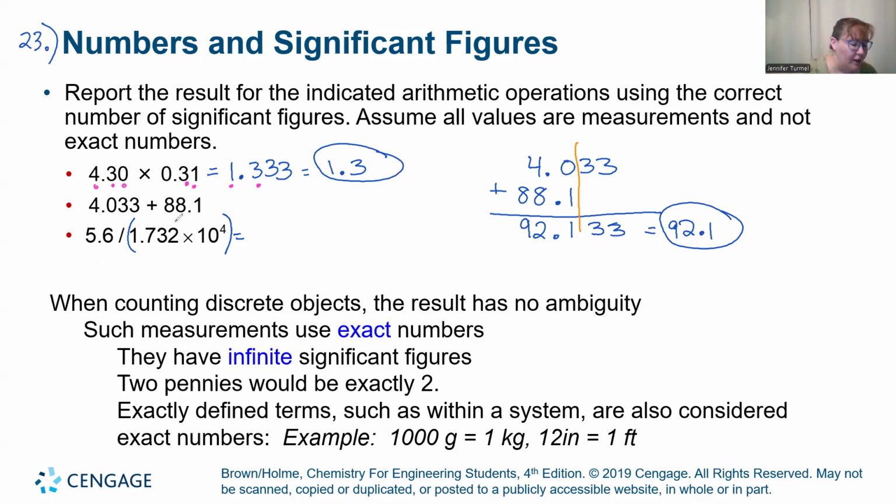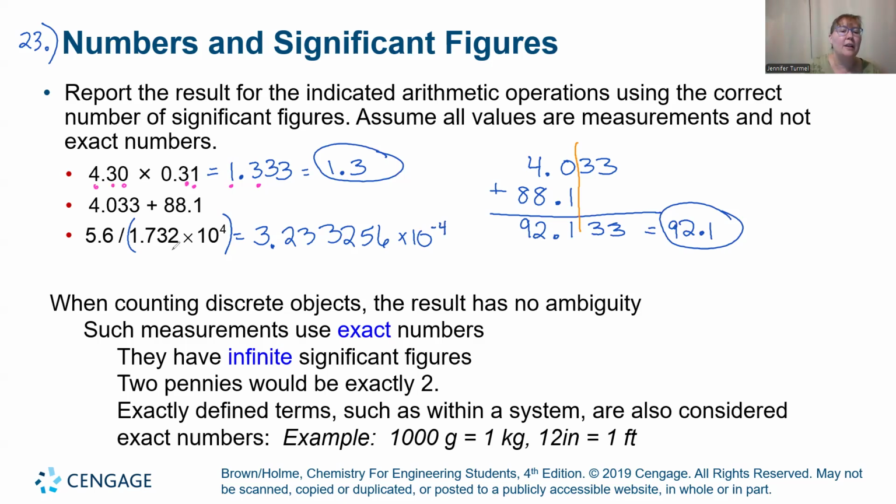Oh, and so when you do 5.6 divided by 1.732 times 10 to the 4th, what we end up with here is, on my calculator, 3.23326. I'm not going to write it all, times 10 to the negative 4th. And we take a look now at our significant figures.